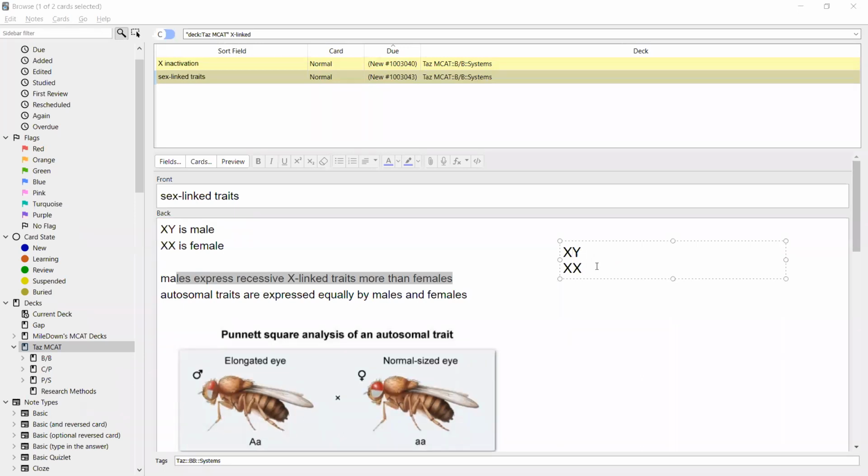Let's say a female has an XX, but one of her X's has a recessive trait. She herself is not going to show that because she has an X that has the dominant.